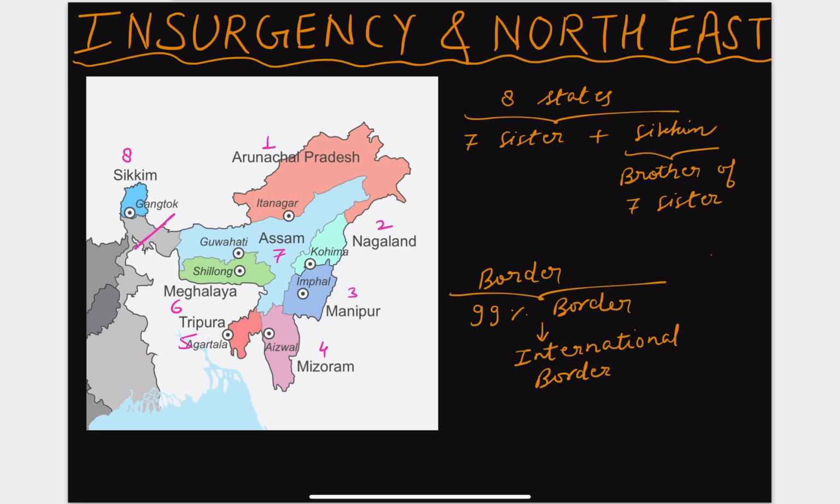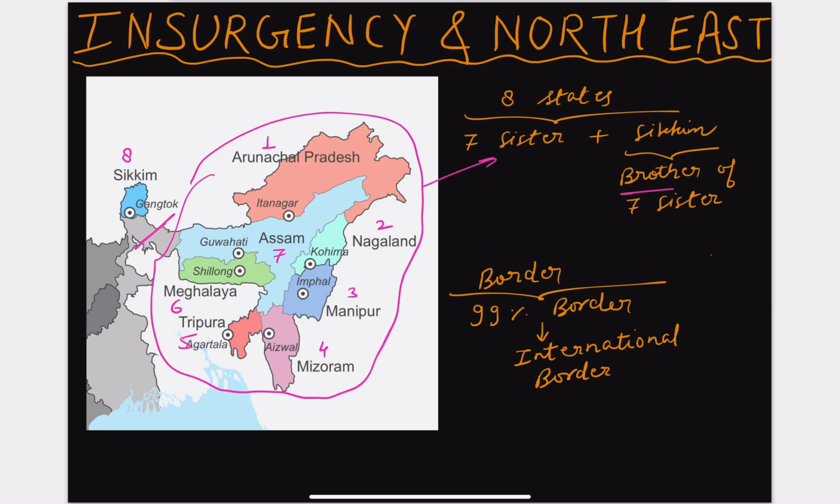This landmass belongs to the state of West Bengal. So these 7 states exist in continuity with each other, and there is also commonness of culture. So these 7 states together are referred to as 7 sister states. On the other hand, Sikkim is being referred to as the brother of the 7 sisters.